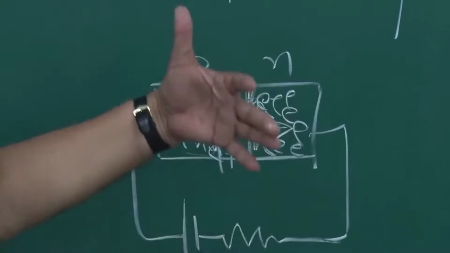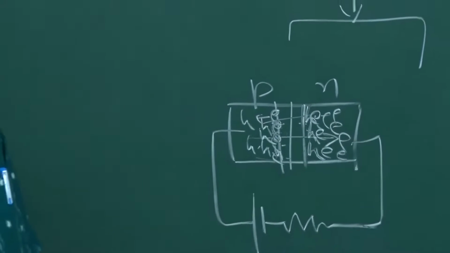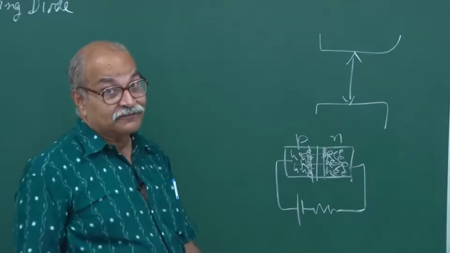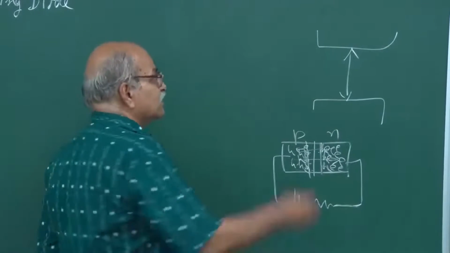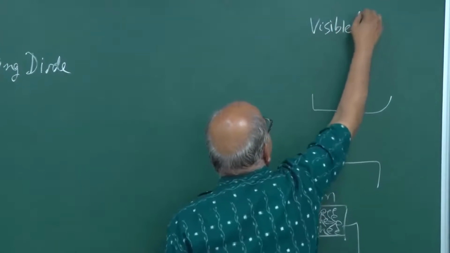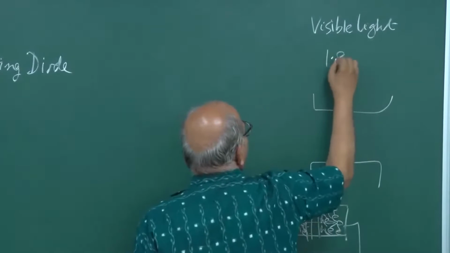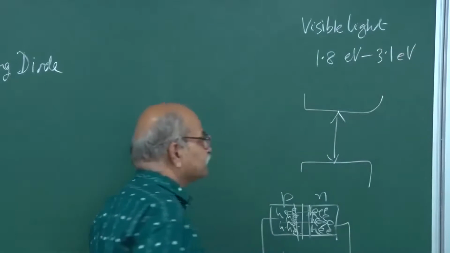And if during this recombination the energy which is released is released in the form of a photon, and if that energy is in the visible range, we just calculated visible light, the energy range for a photon is something like 1.8 electron volt to 3.1 electron volt.